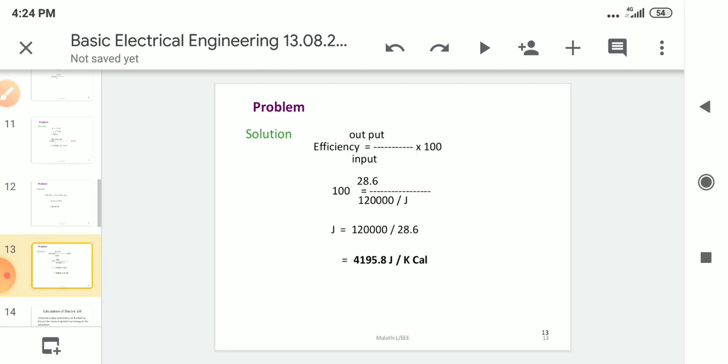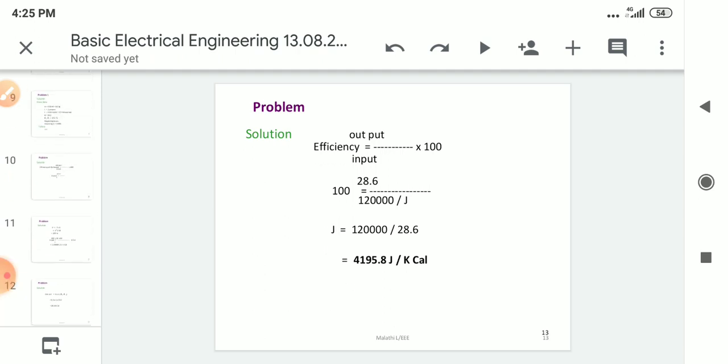Then efficiency is 100, so 28.6 is equal to this. By rearranging this equation, J is equal to this, 4195.8 joule per kilocalories. This problem is very simple.